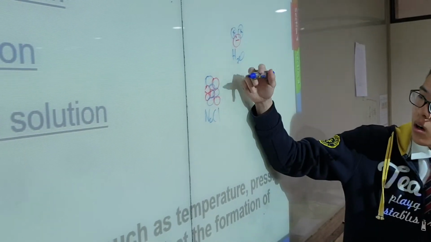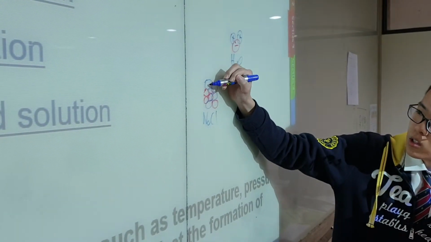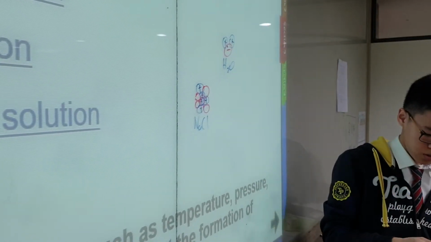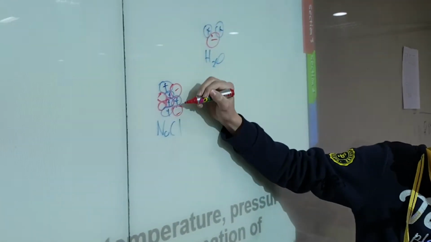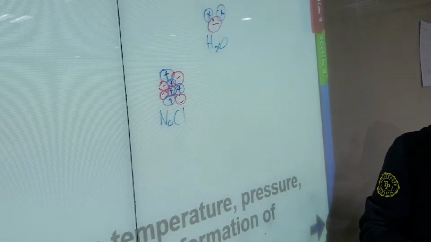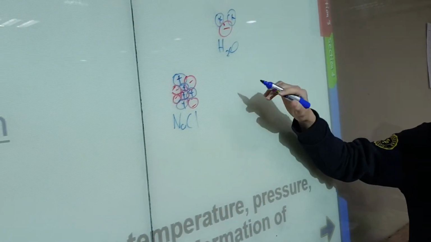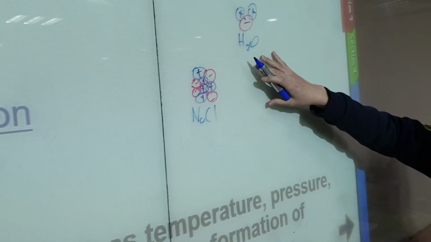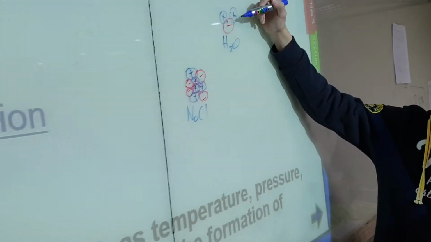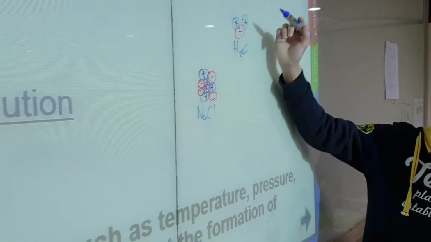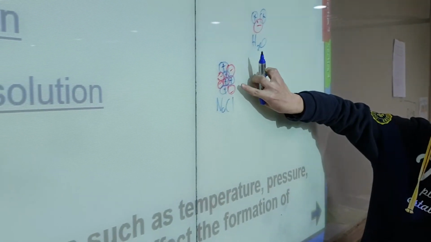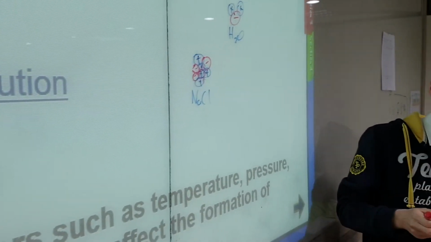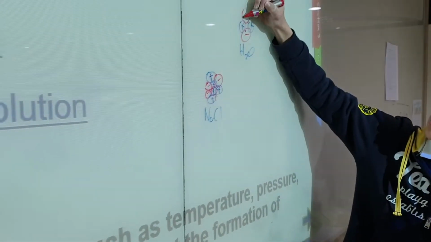Let's say this is Na. So when salt is dropped into the solvent mixture, which in this case is H2O, the H2O molecules are going to go in. They're going to take a sodium, and they're going to put the sodium in here.